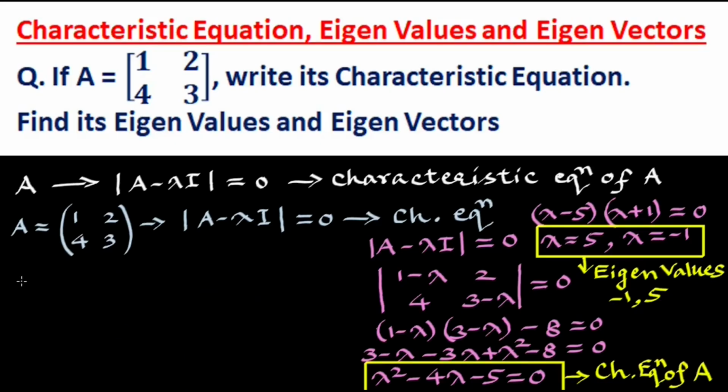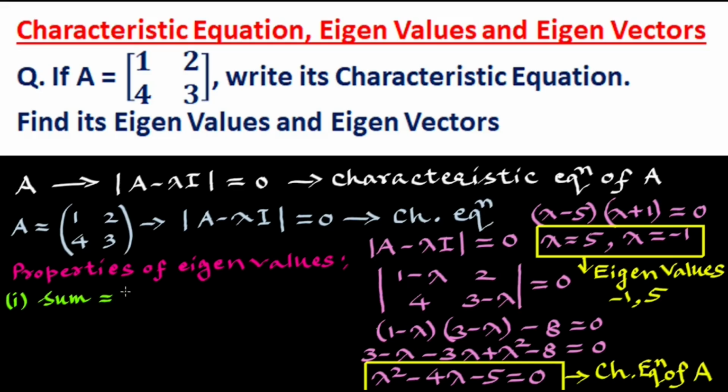But before that, let us understand two important properties of eigenvalues. Number one, sum of eigenvalues, in this case 5 minus 1, is same as sum of diagonal elements of the matrix, which is in this case 1 plus 3, 4.